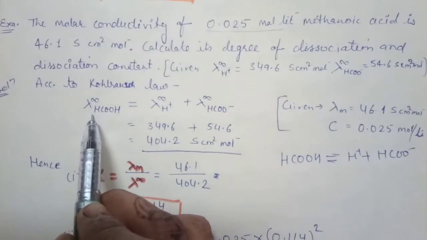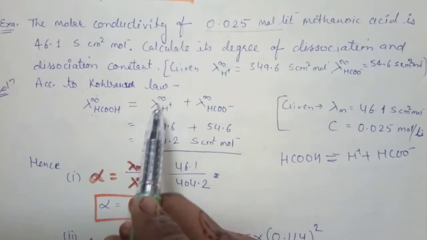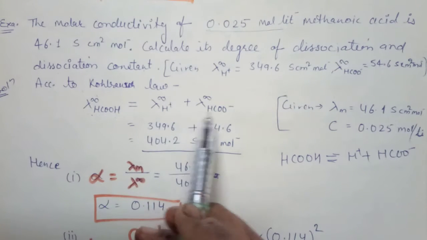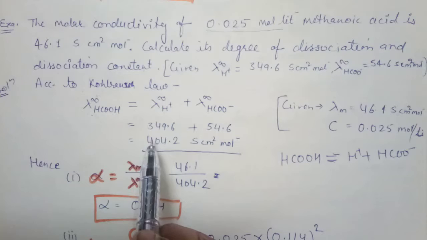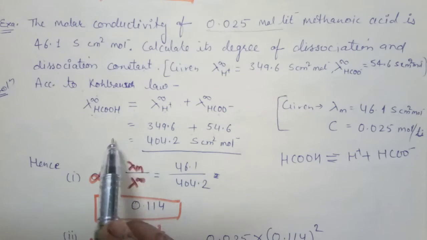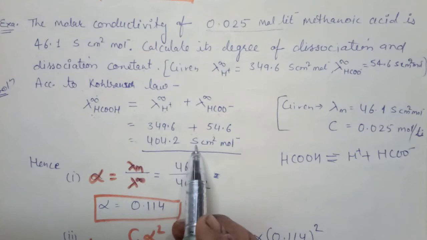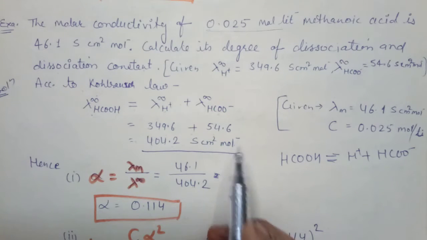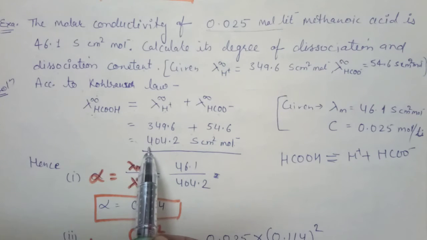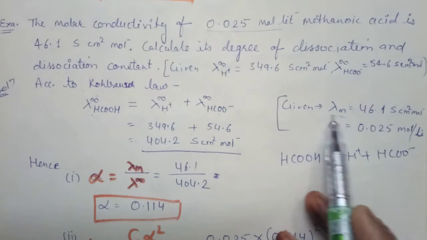So according to Kohlrausch law, lambda infinity HCOOH is equal to lambda infinity H plus plus lambda infinity HCOO minus. On putting the values of H plus and HCOO minus, this will be 404.2 Siemens centimeter square mole inverse. This is the lambda infinity, and this was the lambda c, it is given as lambda m.